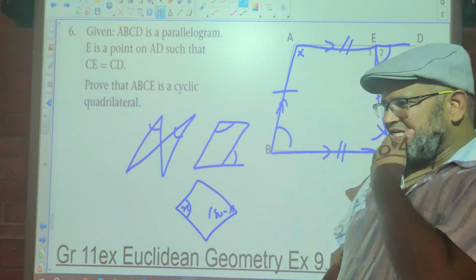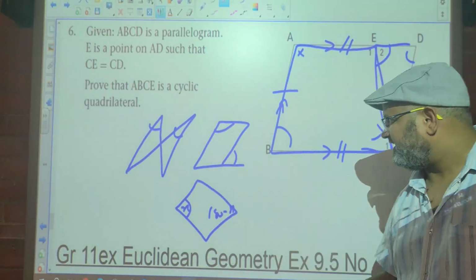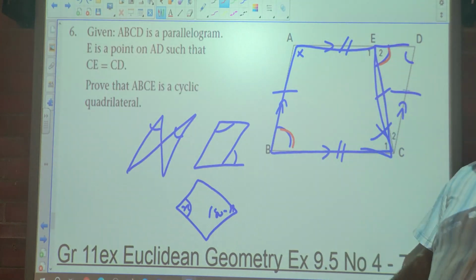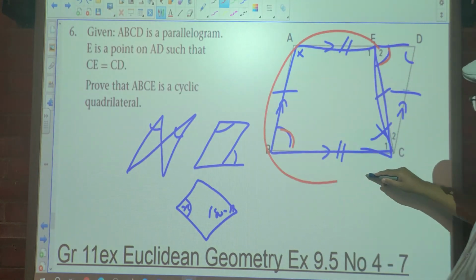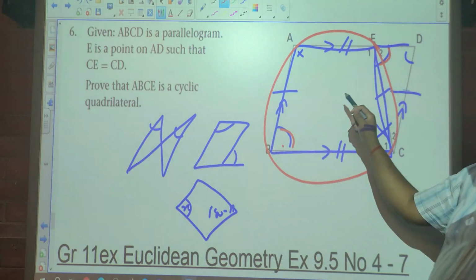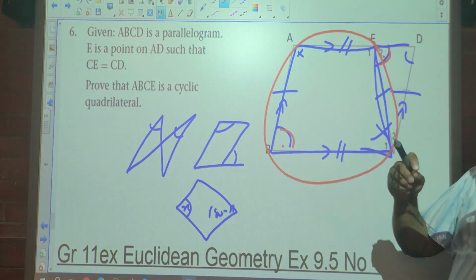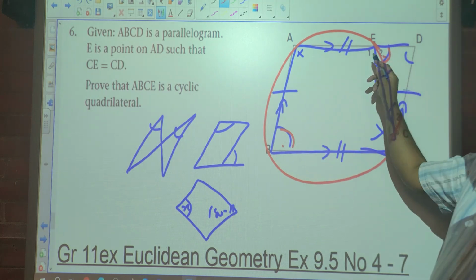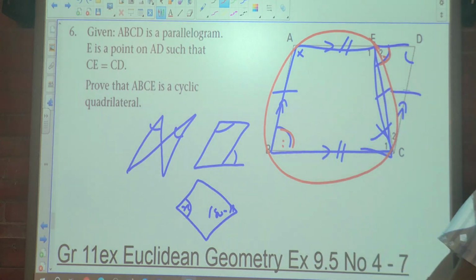Not so? So if we look here, what do we see already? If this was a cyclic quad, then that angle would have been equal to that angle. So to prove it's a cyclic quad, we prove that that angle is equal to that. And there it's already marked. Not so? So now I just need to lay it out nicely.